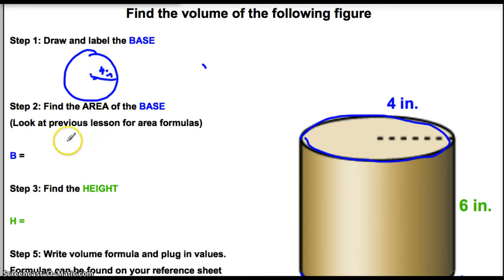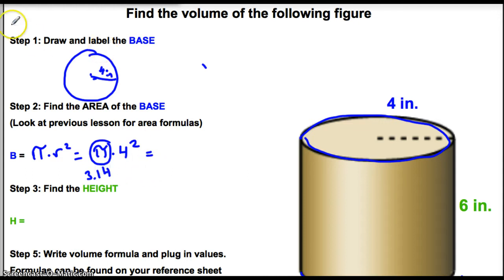Now the second part is to find the area of that base. We look up our formula for a circle, and that is pi times r squared. We plug in our radius, so it's going to be pi times 4 squared. We plug this into our calculator, and remember, pi is equal to 3.14. We're going to round it off.